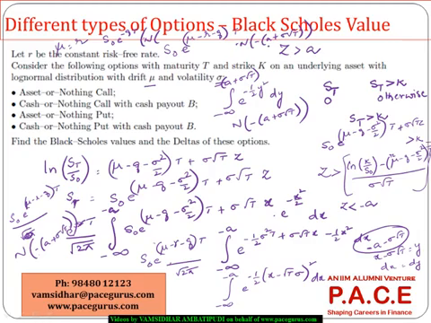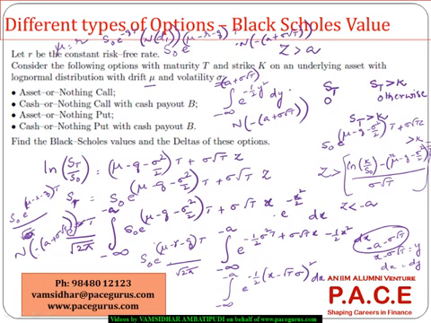Right, so it is directly coming out as N of d1. So it would have directly given me S0 e power minus qt N of d1, whereas because I am having a mu and r separate, I am going to get this kind of an expression.